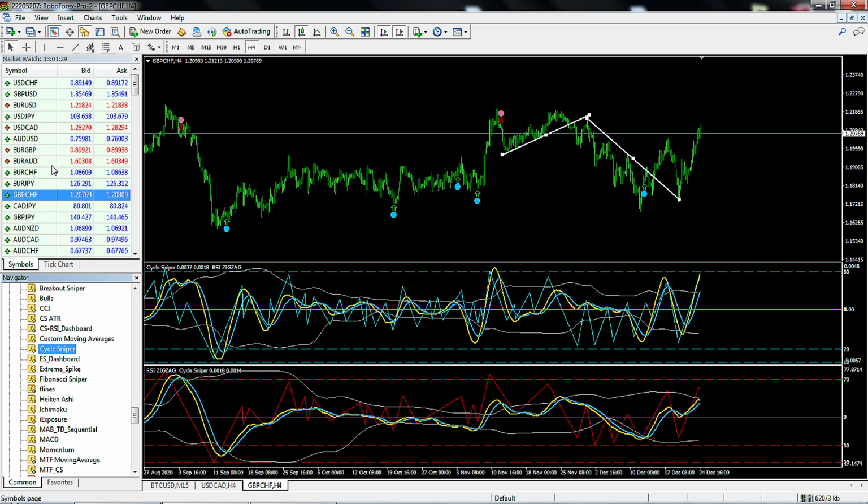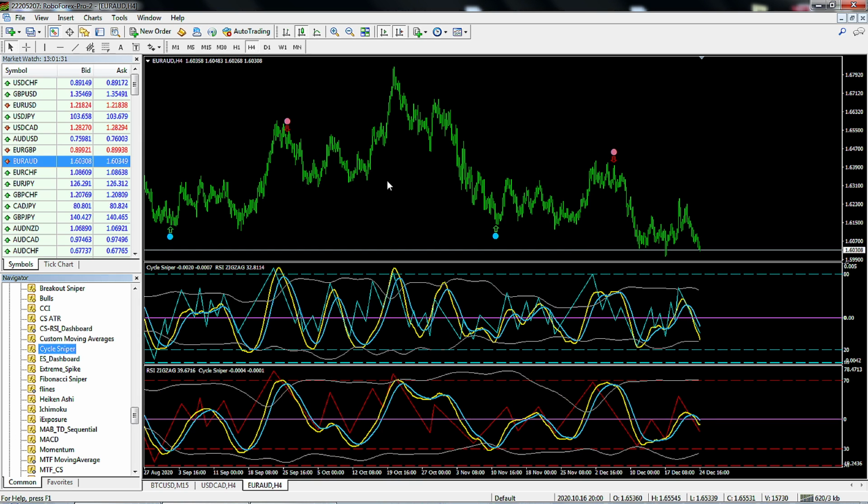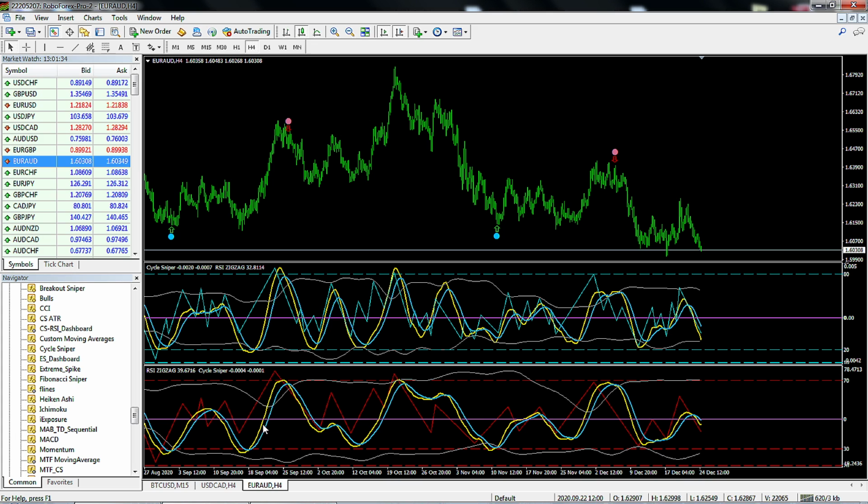I think it's clear. Let's check another euro pair. We change. As you see, the RSI ZigZag, smaller deviation, bigger deviation, are all overbought. This red line is the RSI line, the 70, and we have 80 also, but we cannot see it.